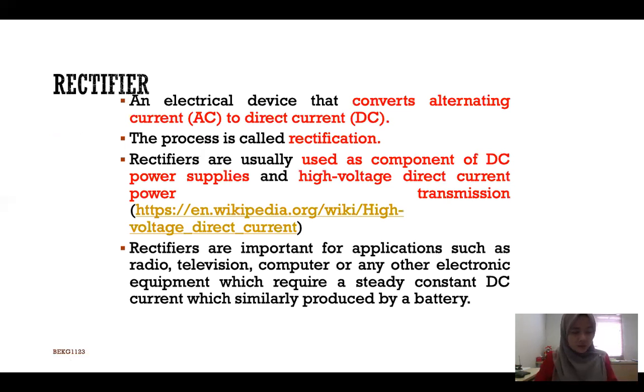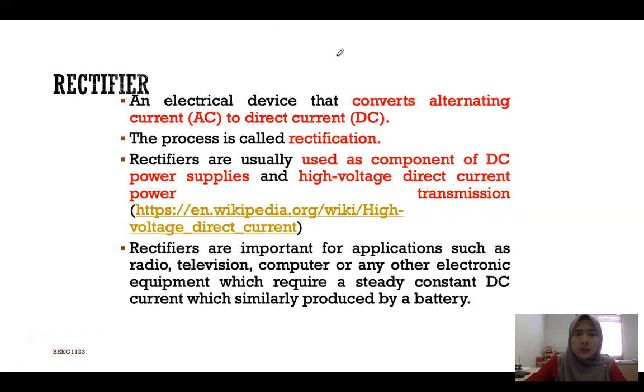Next, let's go to the rectifier. The rectifier is actually an application of the diode. One application of a diode is that it is used to build a rectifier. So what is a rectifier? A rectifier is a device that converts alternating current to direct current.